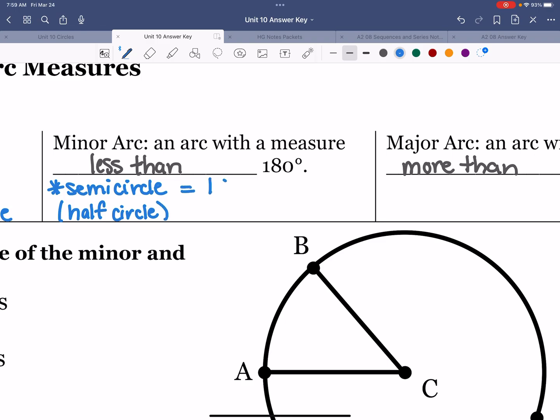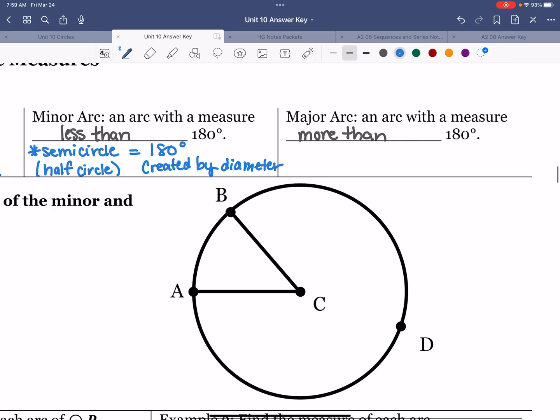And this is going to equal 180 degrees. This is always created by the diameter. So I have three different names that I can give my arc depending on what it's looking for: a minor arc, a major arc, and a semicircle.